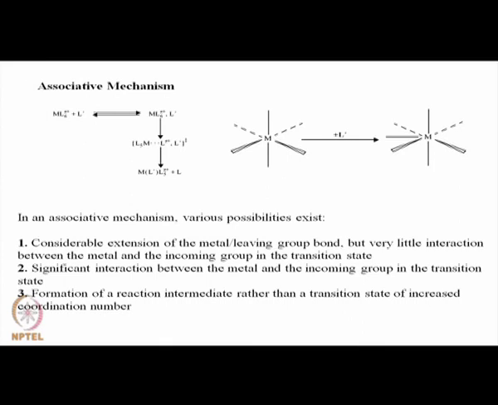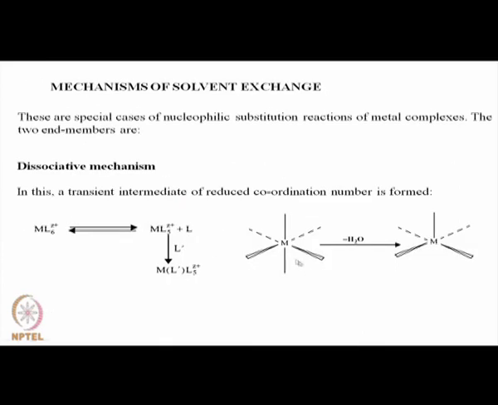So again, if you go back to dissociative, you see ML6, ML5, L. So the 6th position is vacant. The second ligand, L prime, has the option to attack now. So it attacks, giving rise to ML' L5 with a Z plus charge.